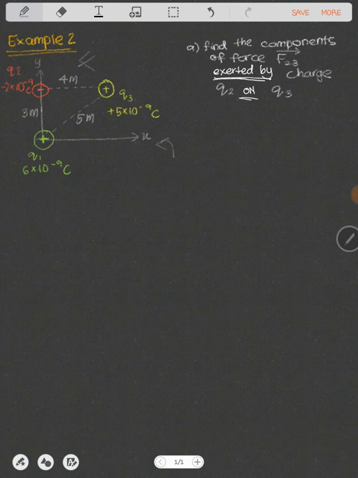So the first charge, dia punya magnitude of charge is 6 times 10 to the power of negative 9, and then charge number 2 is negative 2 times 10 to the power of negative 9 coulomb, and the charge 3 is positive 5 times 10 to the power of negative 9 coulomb. Again, and then the equation asks you to find the components of force F23, which is the force that is being exerted by the charge number 2 on charge number 3.